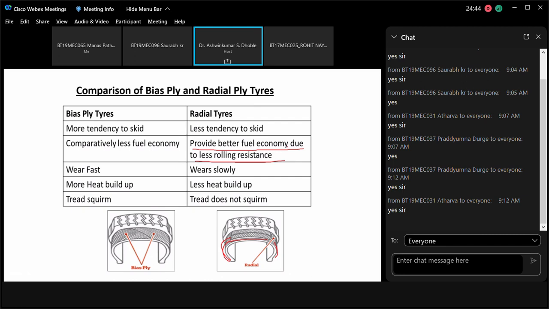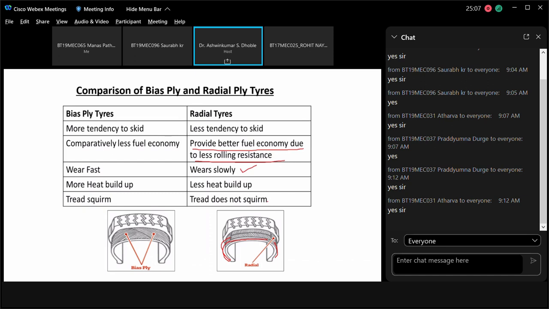Okay, so the bias ply tires wear fast, and the radial ply tires wear slow, because there is less heat buildup in the radial ply tire. So there is no question of any tire damage or any wear of the tire plies. More heat buildup, less heat buildup. Tread squirm, tread does not squirm.